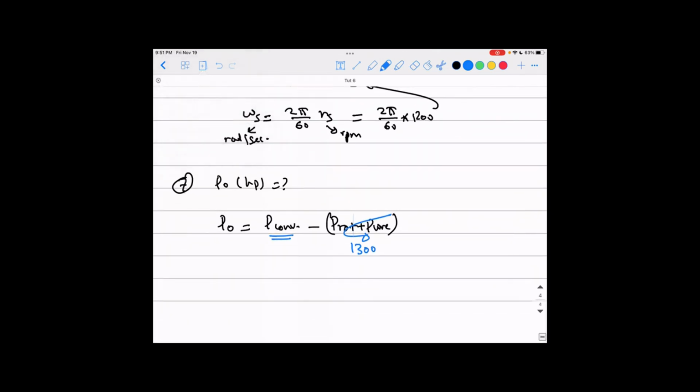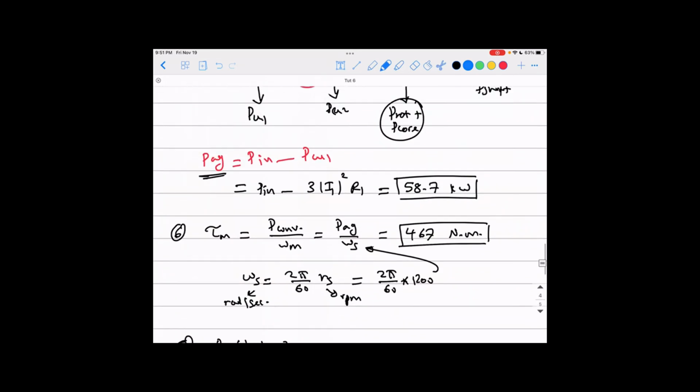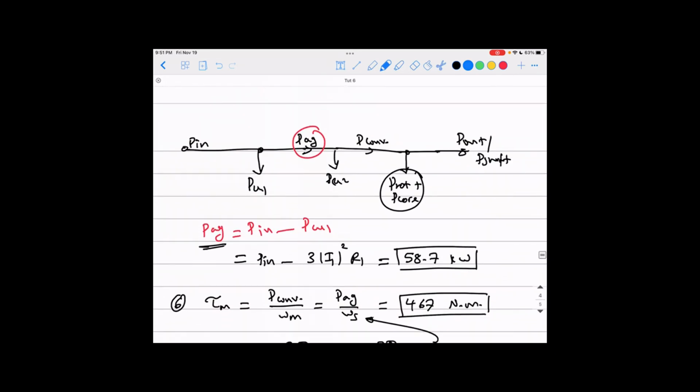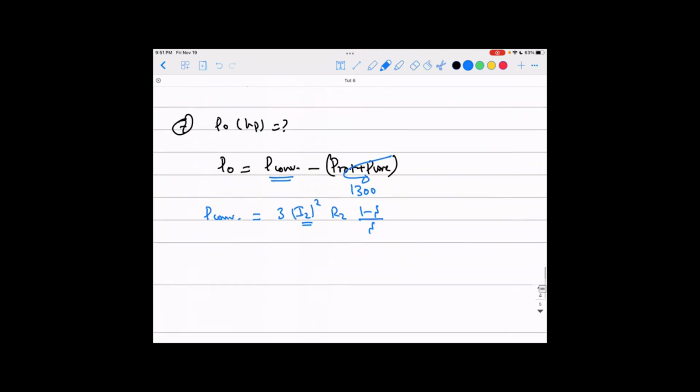Again, how to find P converted? You have multiple ways to do it. P converted can be found from its own equation, which is 3 I2 as a magnitude squared R2 multiplied by 1 minus s over s. You have the slip, you have R2, but you need to calculate I2. So you can calculate I2 like we said before, and then find P converted directly. Or go back to the power flow and find it from P air gap minus P copper 2.